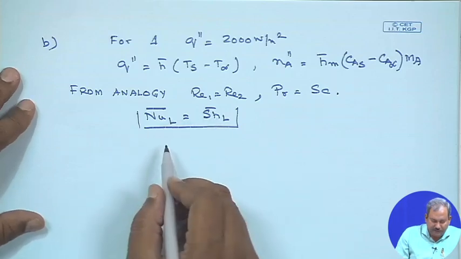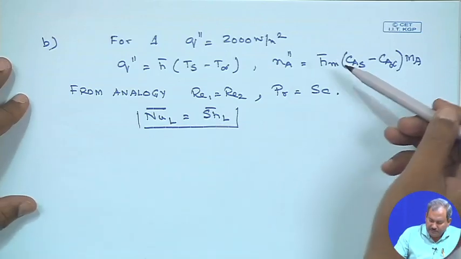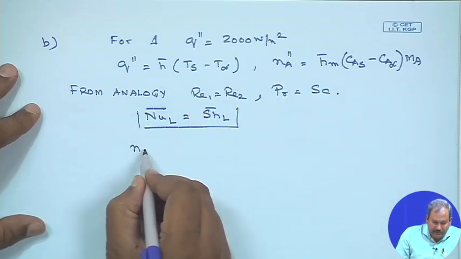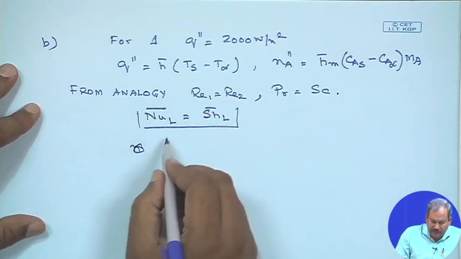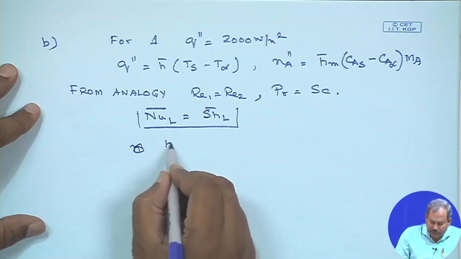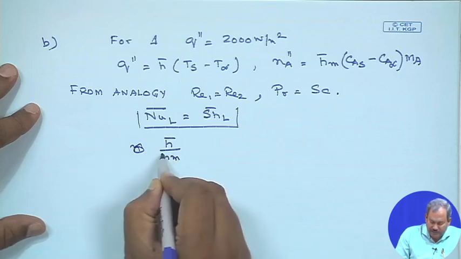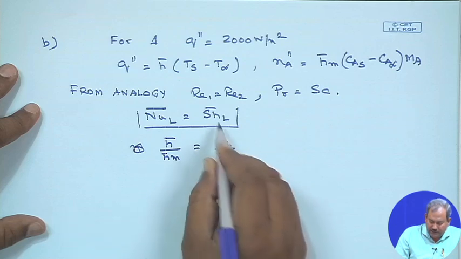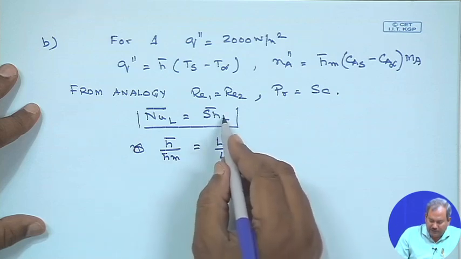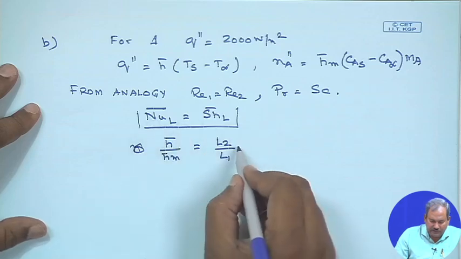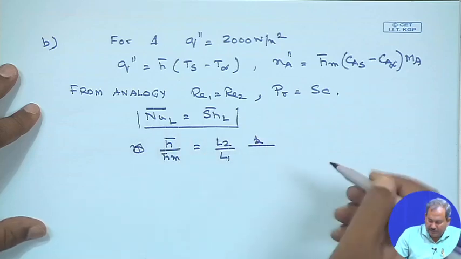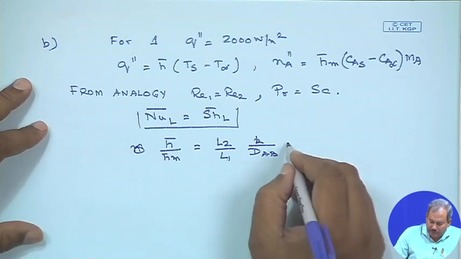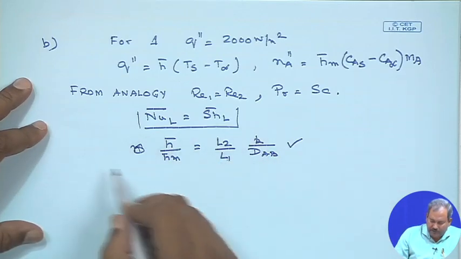So, if that is the case, then I simply divide this by this, and I can expand it a little bit more. H bar by H bar m is equal to L 2 by L 1, where L 2 refers to the mass transfer case and L 1 refers to the heat transfer case, times K by D A B. So, this is the relation from which I can obtain the unknown values.